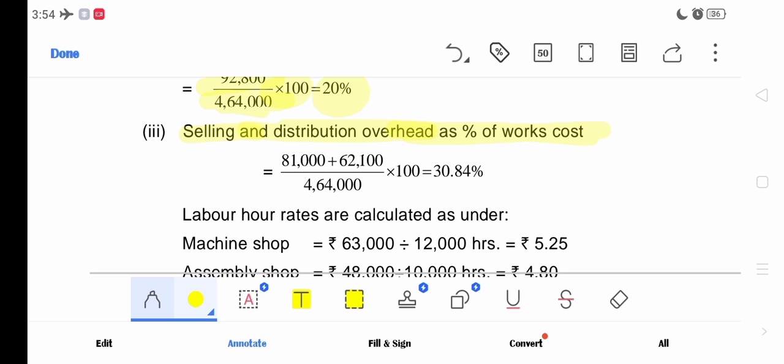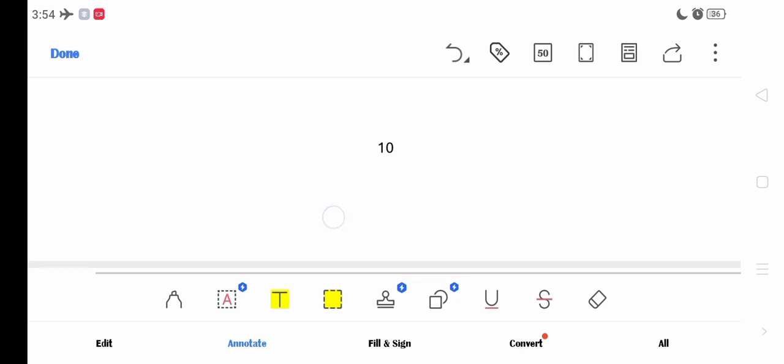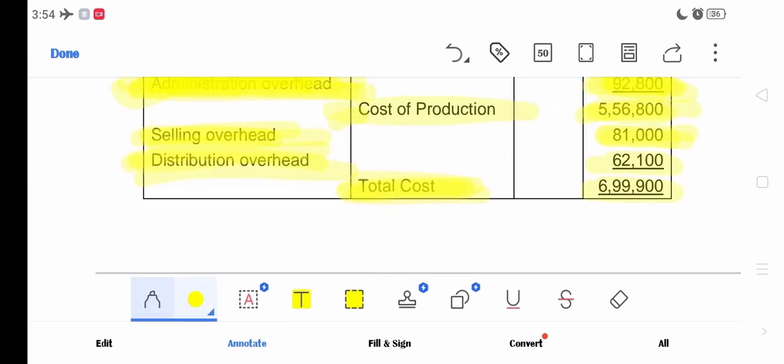Okay, now selling and distribution comes under after cost of production only. These two can be treated as selling expenses only, all the sales expenses. So he has put the two expenses together. See, 81,000 and 61,000 he has put together.